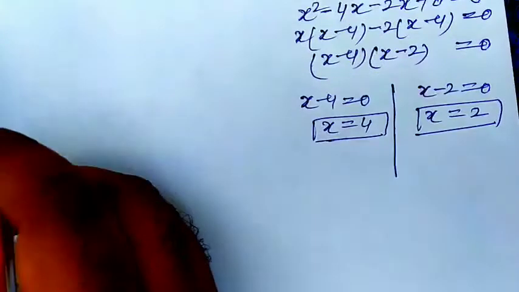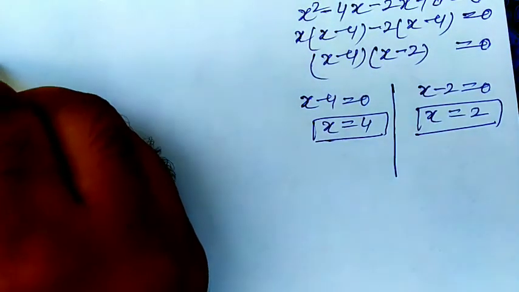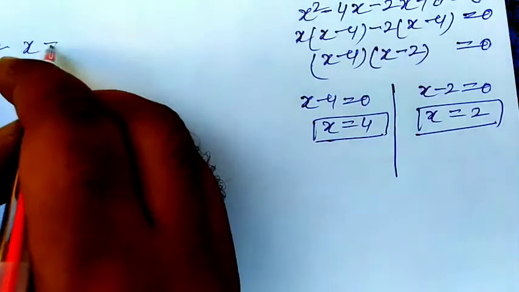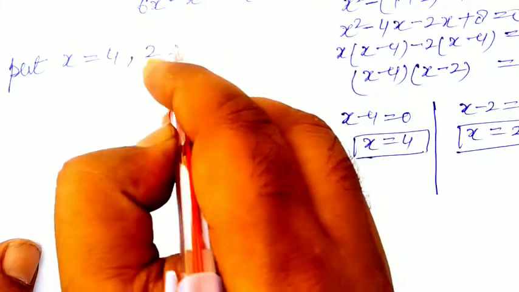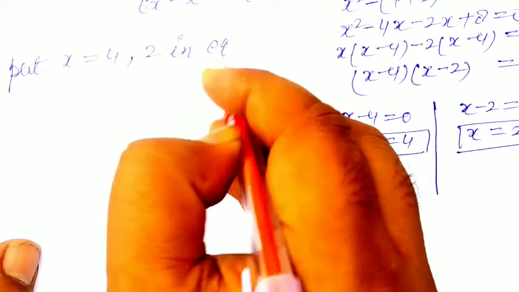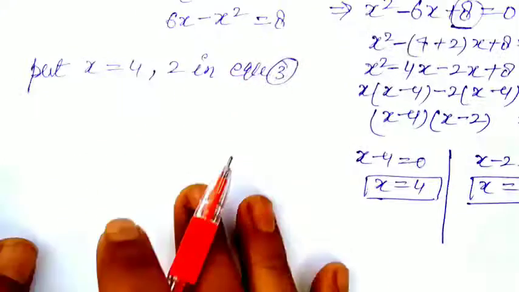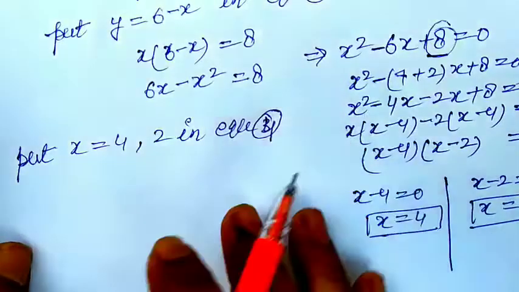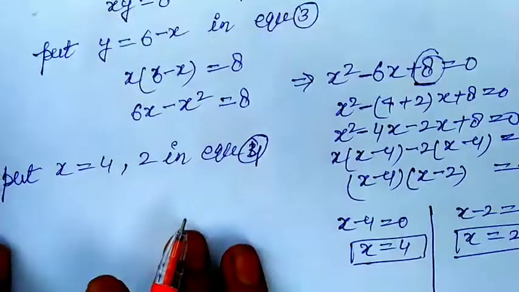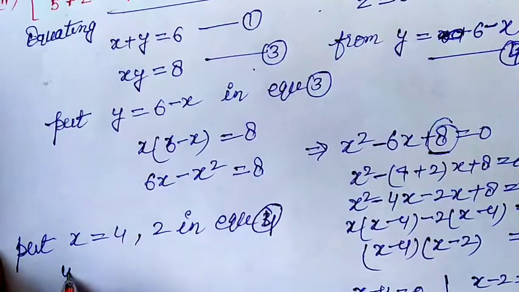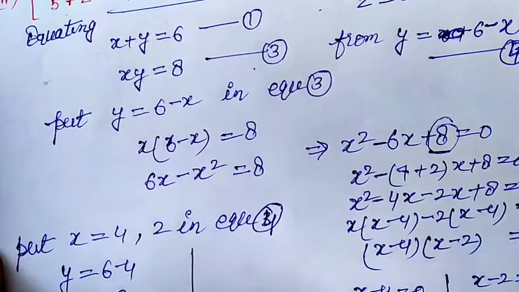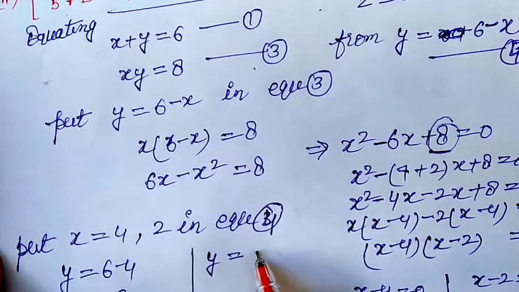So if we put x equals 4, 2 in equation third, then we will get the values of y, 6 minus 4 equals 2 and 6 minus 2 equals 4.